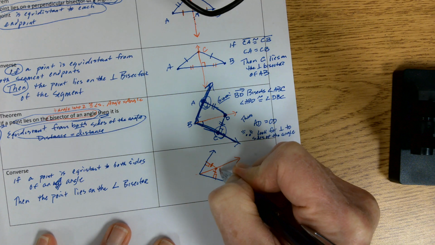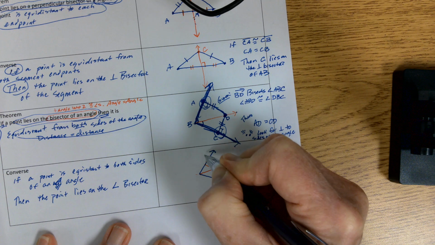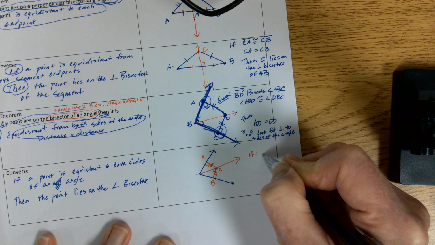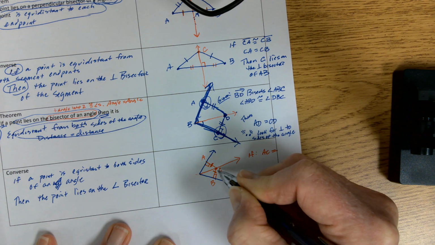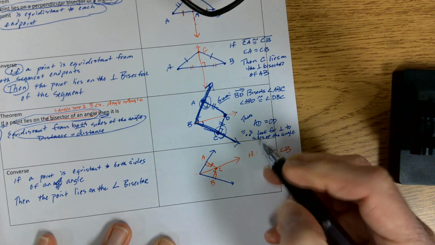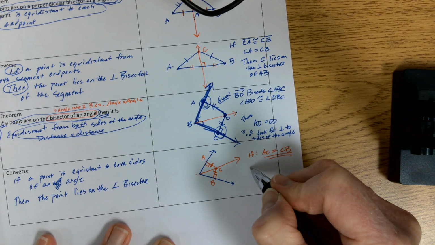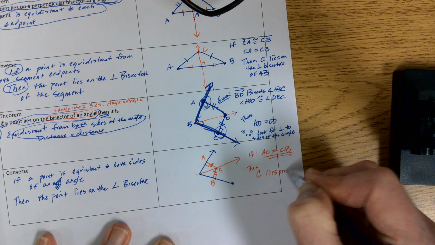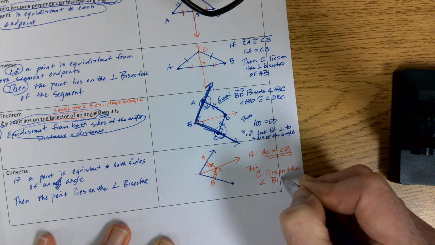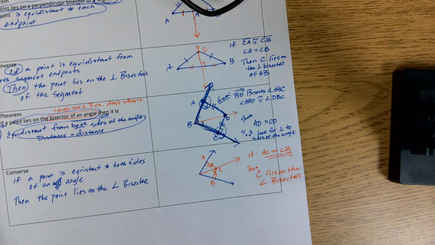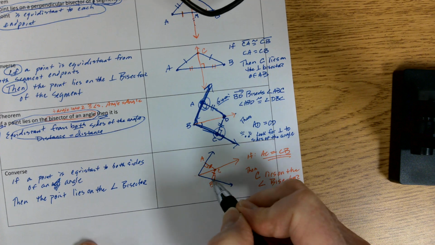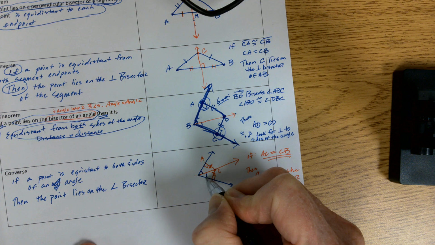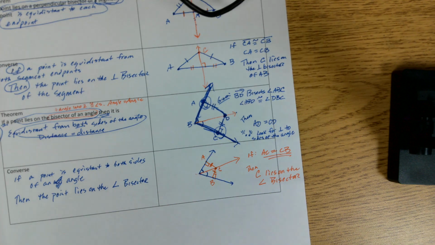So we'll say this is point C, this is point A, this is point B. So I'm telling you that A to C, that length equals C to B. Since I'm telling you that's true, that means that C lies on the angle bisector, which means, because it's equidistant, that this ray is the angle bisector of the entire angle. Okay, that's it.